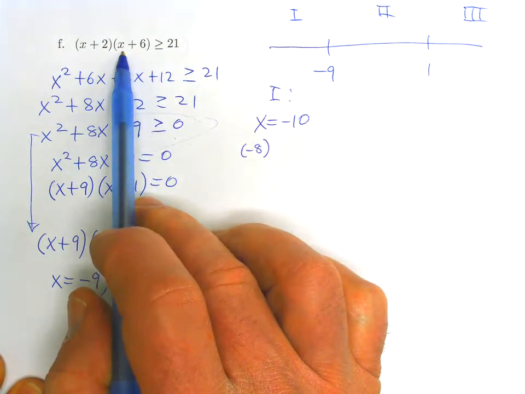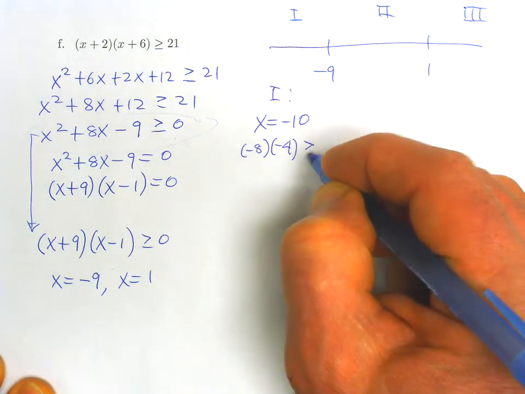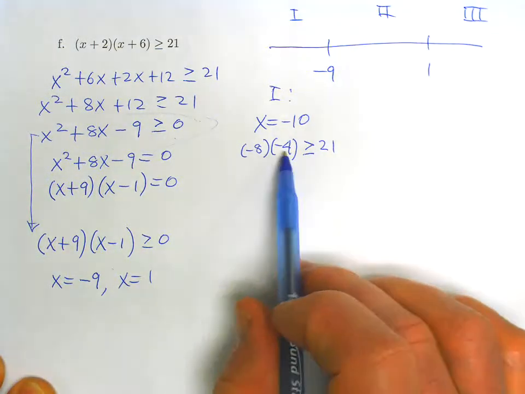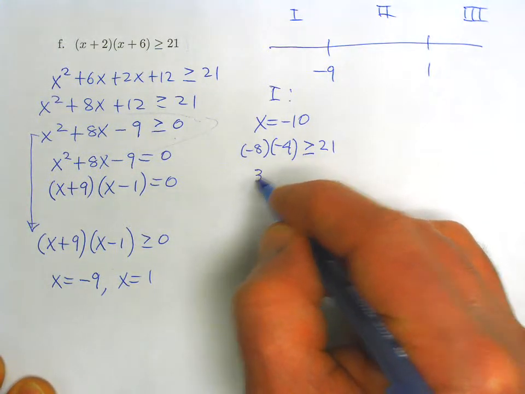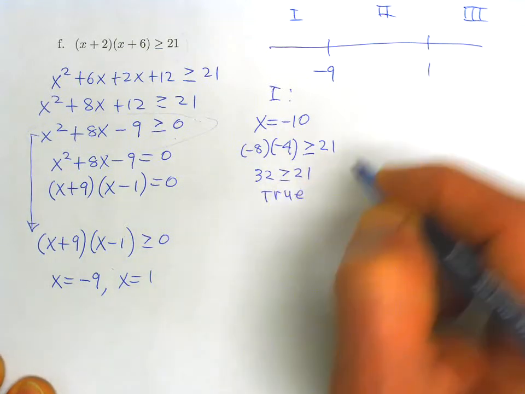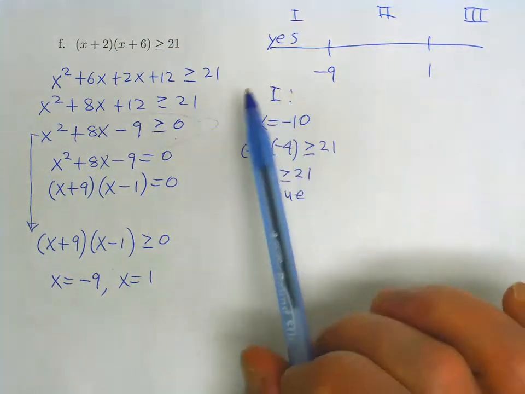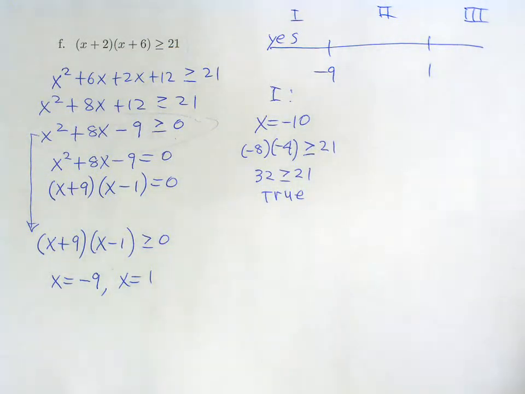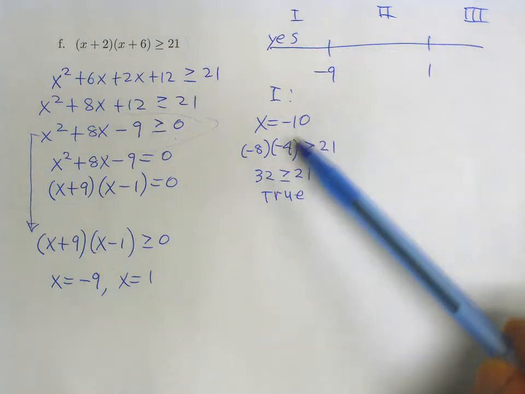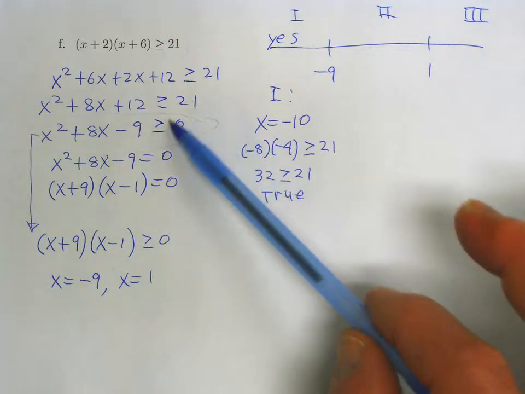The next factor, -10 plus 6 is -4. And the inequality is greater than or equal to 21. -8 times -4 is positive 32, and 32 greater than or equal to 21 is true. So yes, all of the numbers from -infinity up to -9 are solutions. You can verify that the same test point gives you the same true result using any one of those other inequalities.